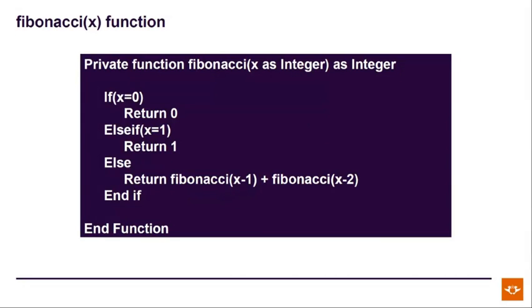Those are two known base cases, and the reason for that is that the real sequence starts outside of the base cases, because if you apply it from x equals 0, it actually will not work. We'll run through that in a second as well. Then, if you don't have the two base cases, you simply return Fibonacci(x minus 1) plus Fibonacci(x minus 2). This is one way of looking at it.